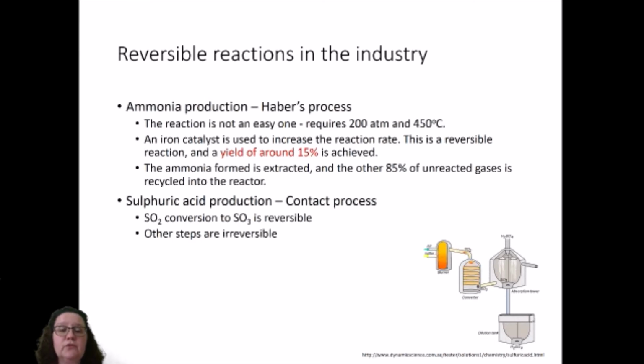It can be very useful, but it is more difficult to obtain as much product as possible, and it requires careful control of the conditions of the reaction, the concentration of the reagents, the temperature, the pressure, etc., for the reaction to take place successfully and to produce an appropriate yield. A lot of this video will be about how to play with those conditions to achieve the best possible yield for that reversible reaction.